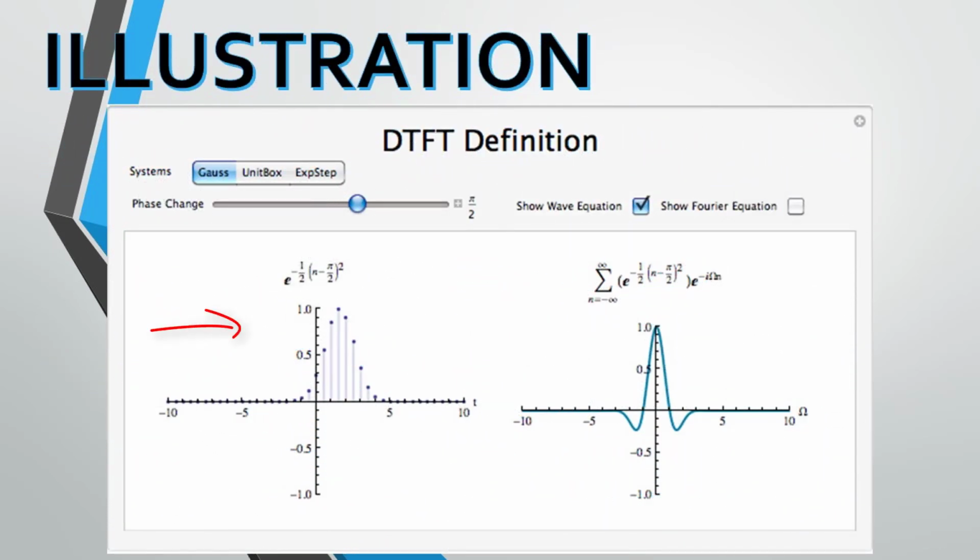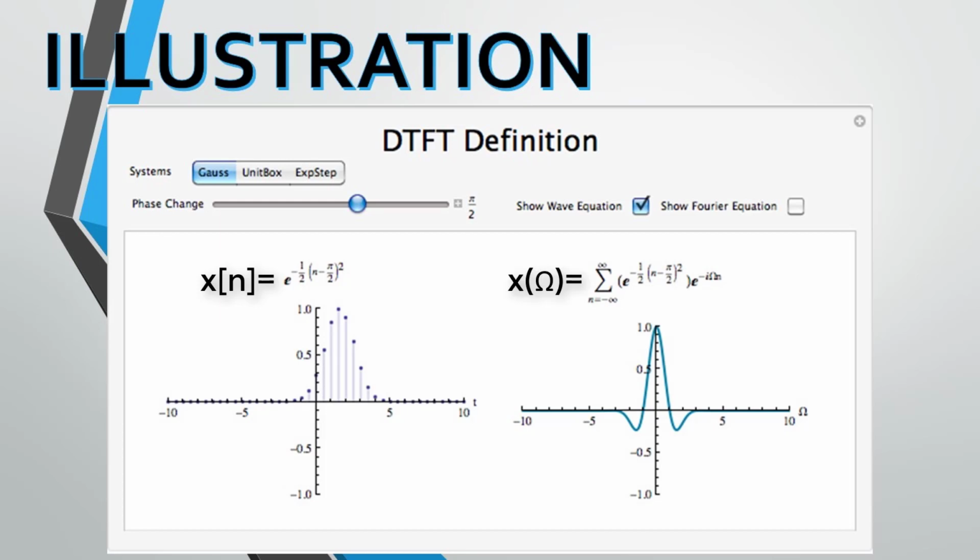The graph on the left is a graphical representation of a discrete time function, whereas the graph on the right is a graphical representation of a Fourier transform signal in the frequency domain. The DTFT maps a discrete time signal x of n into a continuous function X of omega in the frequency domain.